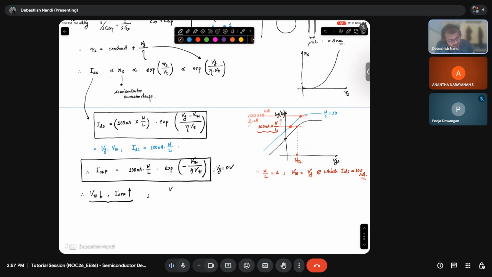So what do you think we should have? One thing is that my Vt is kT by q. Let's say T is equal to 300 Kelvin, that is constant. So I do not have the temperature knob to tune. So how can I lower my Ioff? Ioff can be lowered by increasing Vth.